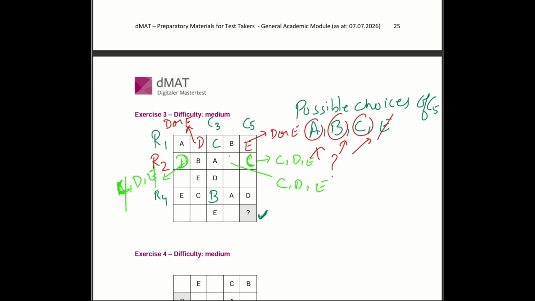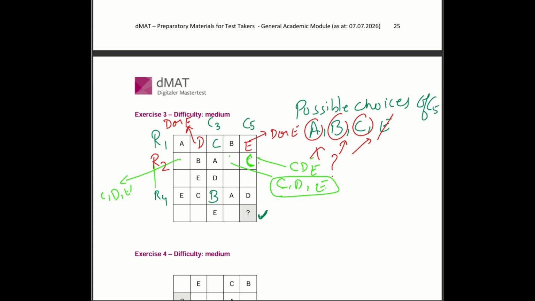Just a minute, there is some contradiction. Okay, the options for this column are C, D, and E. For this one also C, D, and E. So here C would be there.